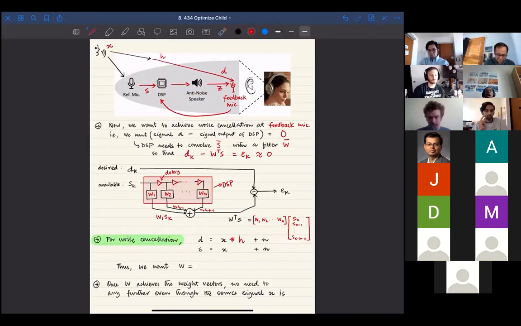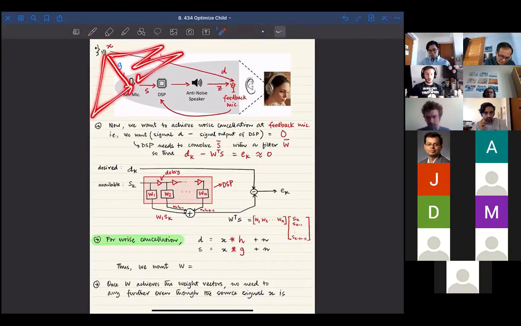And S is also the same X that's coming out of the mouth of the person who's talking in the corridor, convolved with some other channel G. And that channel has the line of sight, and there are other multipaths, all of those coming together. Plus noise. Guys, is this clear?